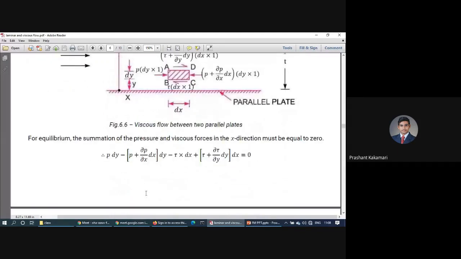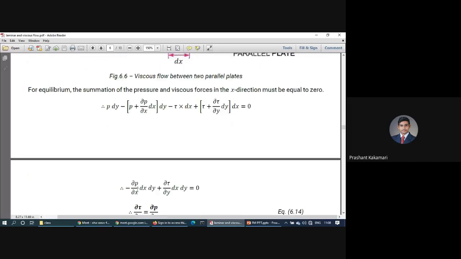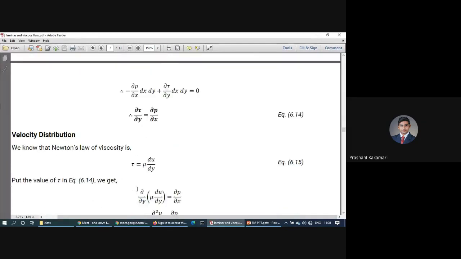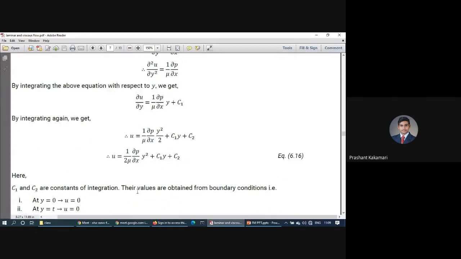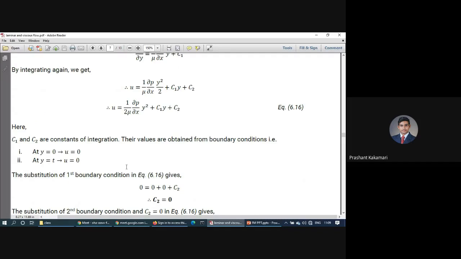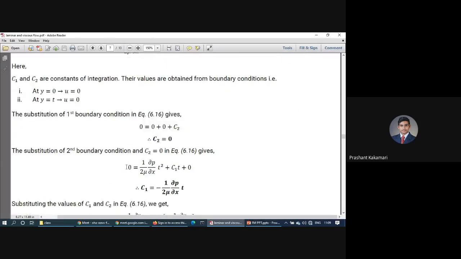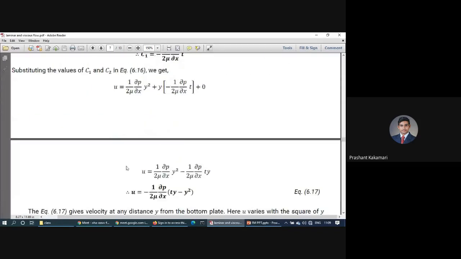Using the same principle to balance the horizontal forces, or the shear forces, they found the velocity distribution. They found the velocity at any given point with the constants c1 and c2 in this problem. So they found the velocity equation as minus 1 by 2 mu. All of you can note down these equations, as later we are going to use the same equations in the problems.